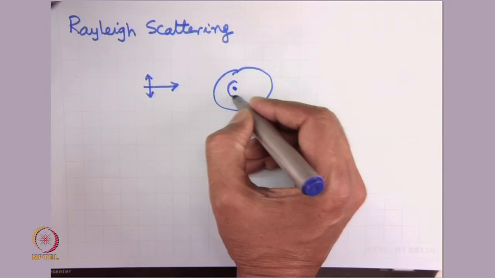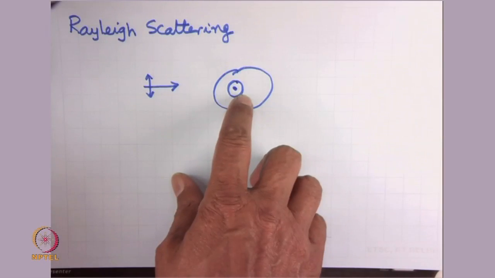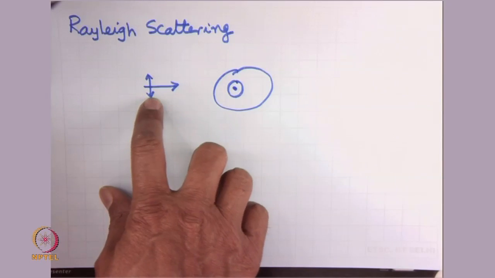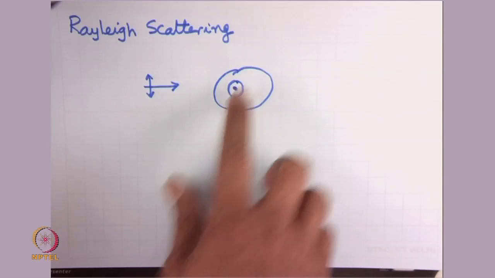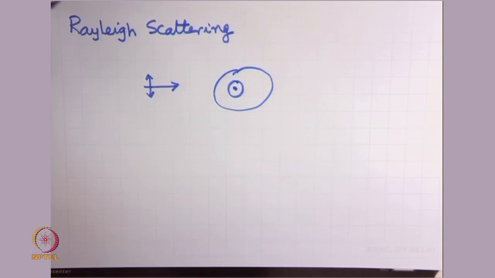Electrons are rotating around the nucleus in each atom. So, when the electron cloud of an atom sees the electromagnetic wave, these electrons experience the oscillatory electric field of the light, and they start oscillating. So, each atom becomes an oscillatory dipole.